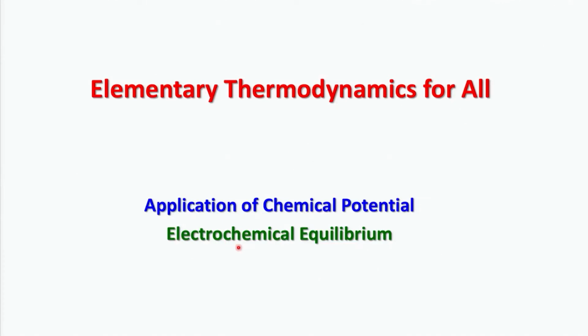Hello students, let us continue our discussion on electrochemical equilibrium. So far we have seen the application of the concept of chemical potential to electrochemical equilibrium, and today I will go a little beyond what we have discussed so far and look into the numerical application of the principles that we have learned.